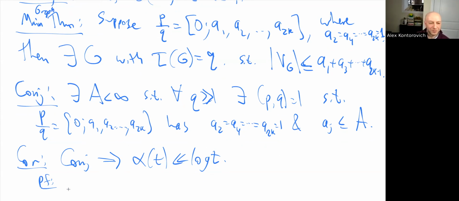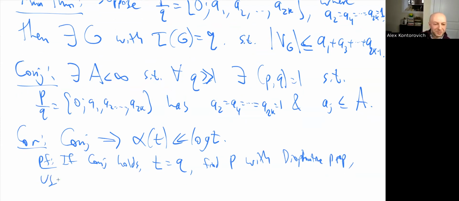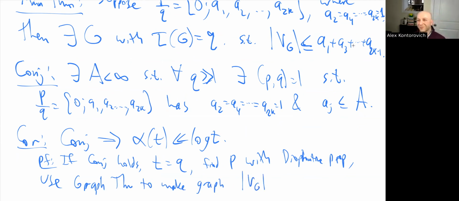If the conjecture holds, then you pick your t, set t equal to q, find a p with this Diophantine property, and now use the main graph theorem to make a graph where the number of vertices is this sum.